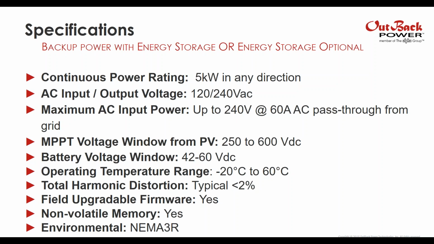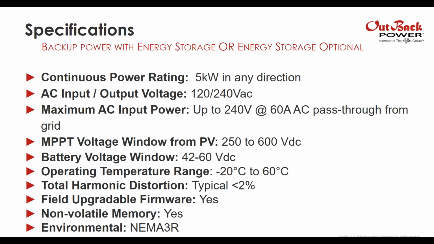The MPPT voltage window is very, very wide. It's down as low as 250 volts and all the way up to 600 volts. So again, if you have existing strings of PV, you can just move those over to SkyBox directly.